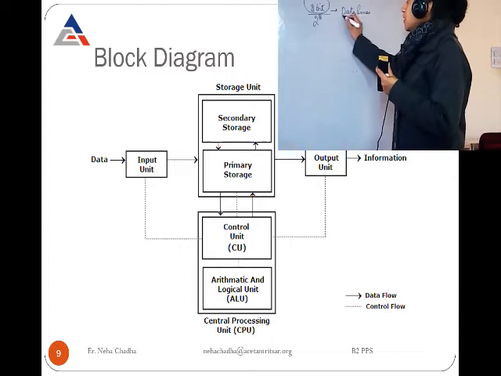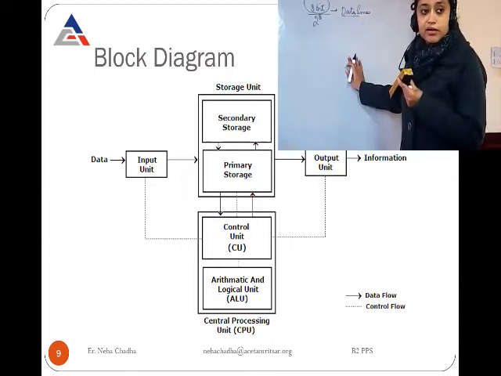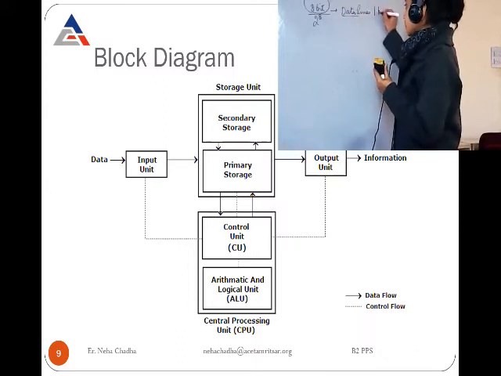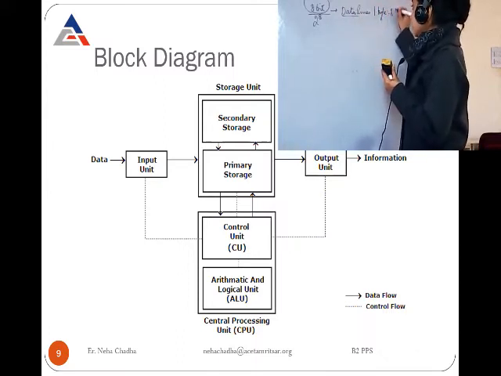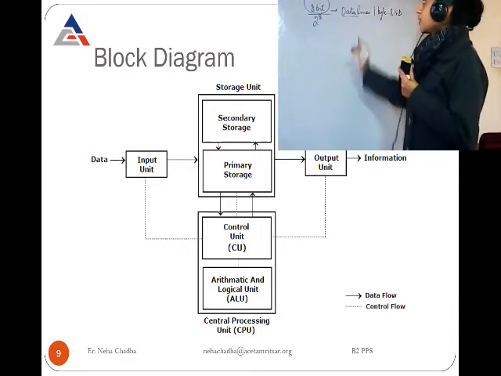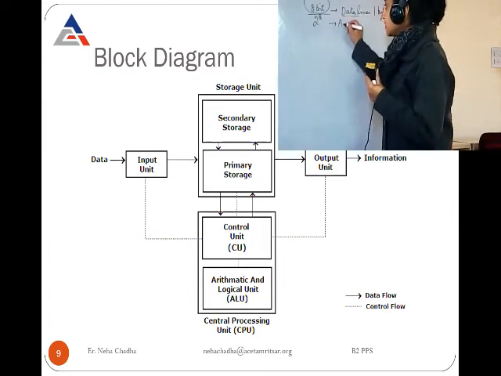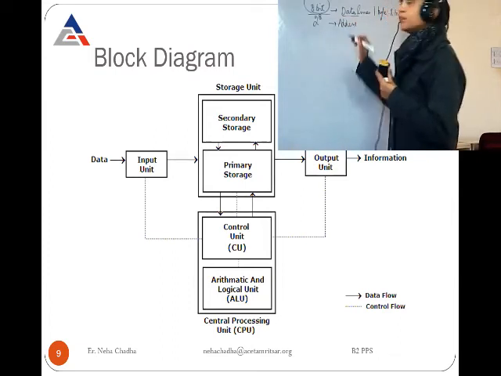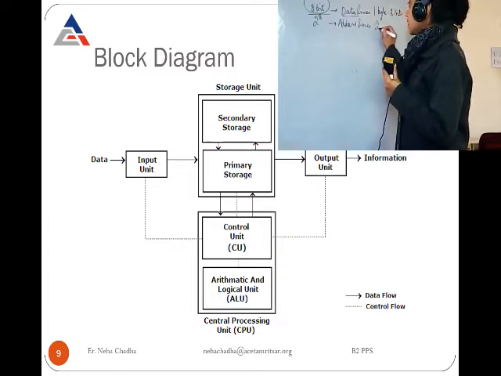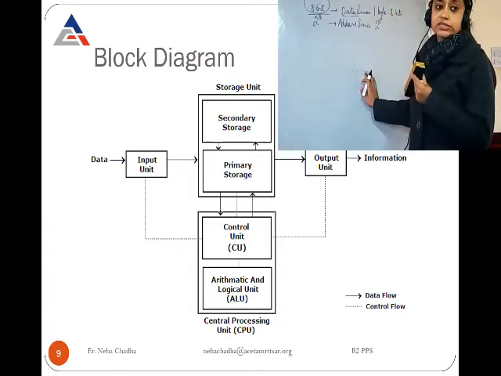Means how much data my processor can take. It can take 1 byte of data, and 1 byte is equal to 8 bits. It can only accept data that is 8 bits. And how many address lines are there? This will be your address locations. Address lines will be 2 raised to the power 8.